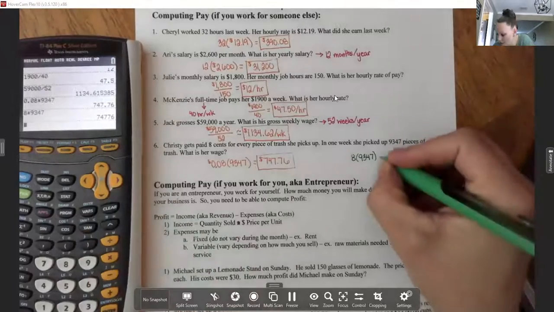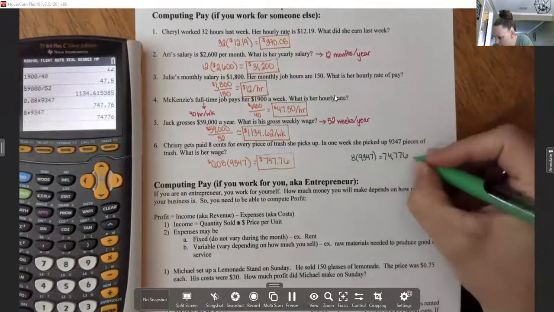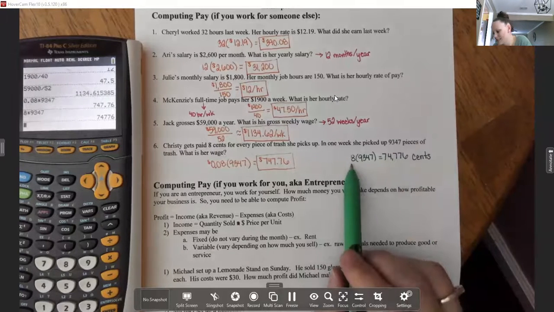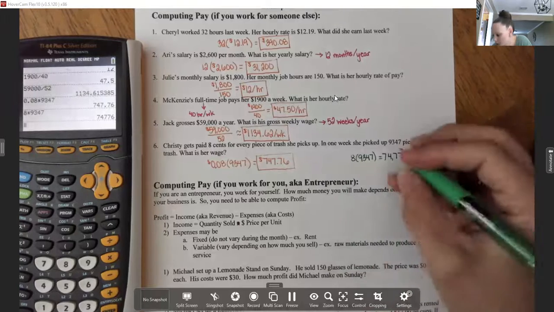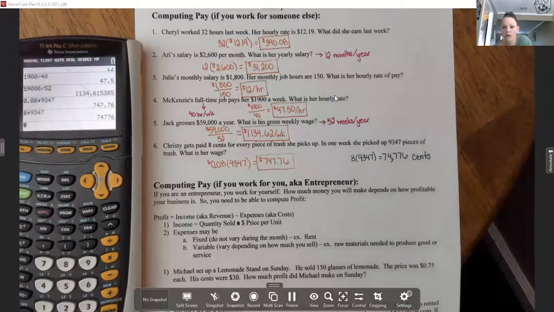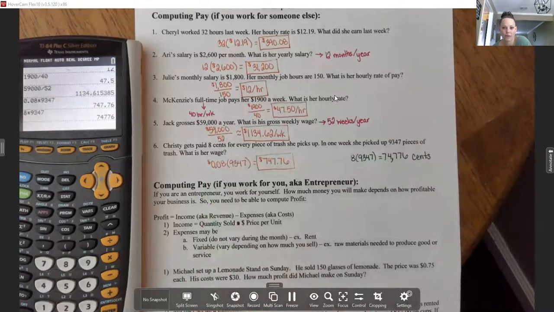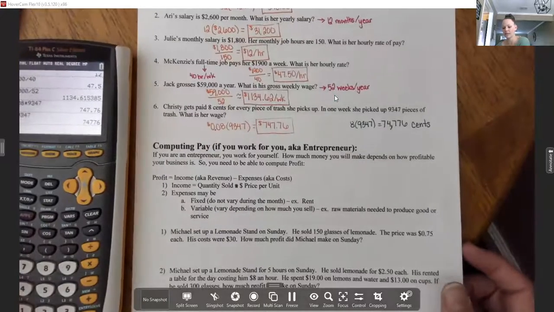It's just not going to have a decimal: 74,776. And this answer would be in cents, because that was 8 cents. If you turned it into dollars, you'd have to move the decimal 2 places. That's a comma, not a decimal. So I think it's easier just to turn the 8 cents into 0.08. Questions on that first half, 1 through 6?